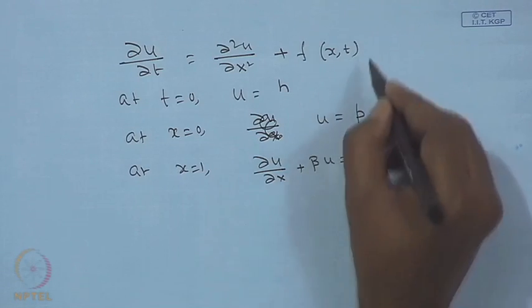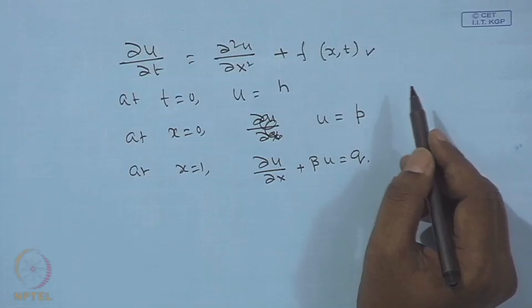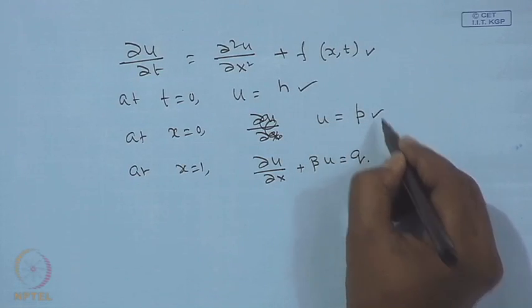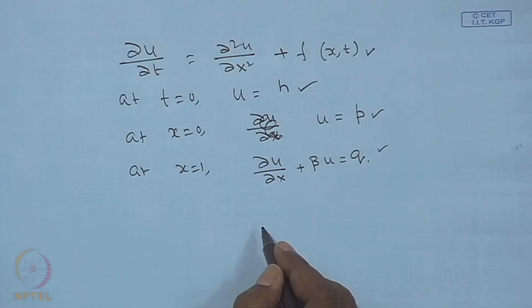So, there are again 4 sources of non-homogeneity: one in the governing equation, another is the initial condition, and the rest 2 are on the boundary conditions at x = 0 and x = 1.